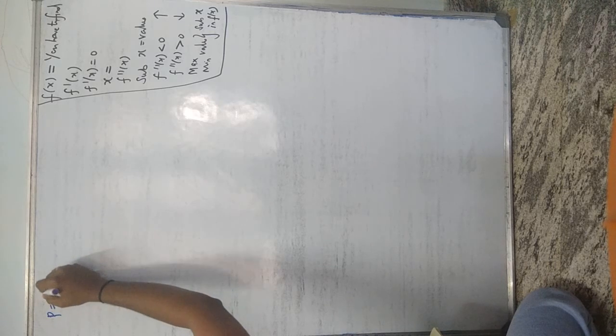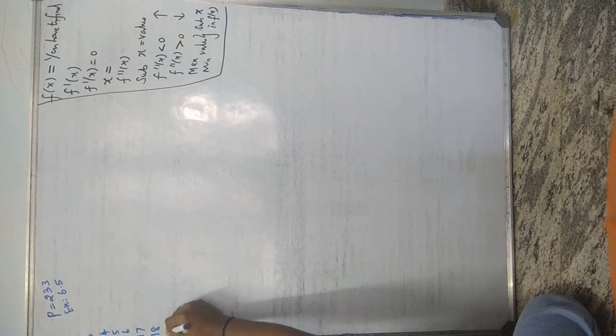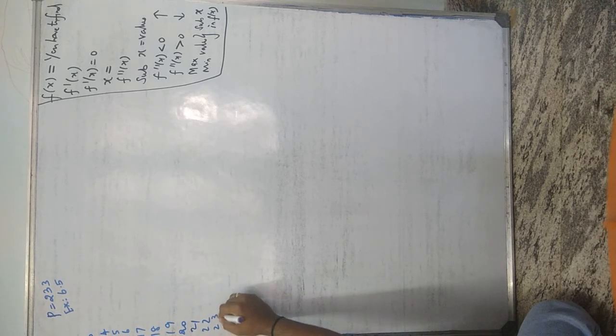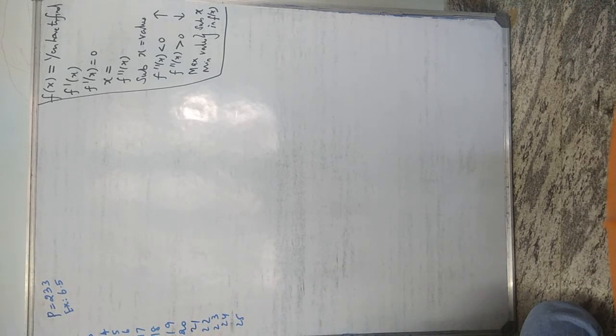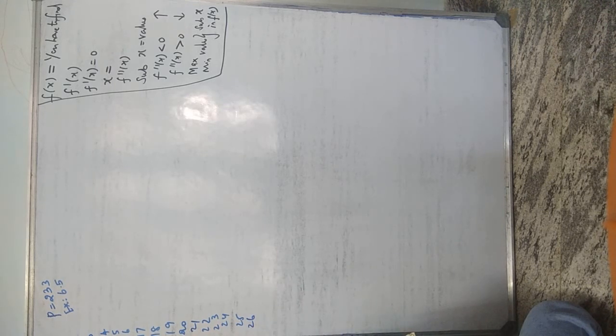The question numbers start from 13 onwards: question number 13, 14, 15, 16, 17, 18, 19, 20, and it goes on, 21, 22, 23, 24, 25 and 26. These are the exercise word problems, and then the miscellaneous word problems. Once you know the exercise word problems, the miscellaneous word problems will be very easy for you.